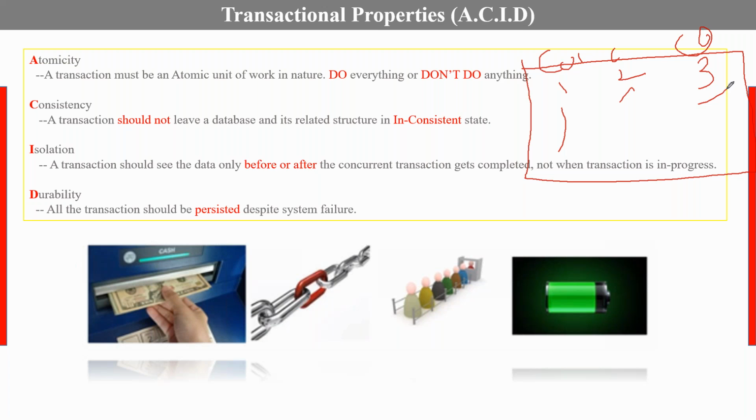Multiple users can access your database at a time. In that scenario, based on the isolation level, SQL Server will place locks on the objects to protect your transactions. Assume this is object 1, the employee table.